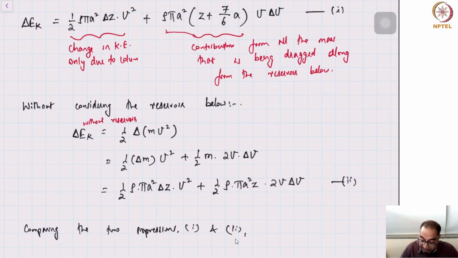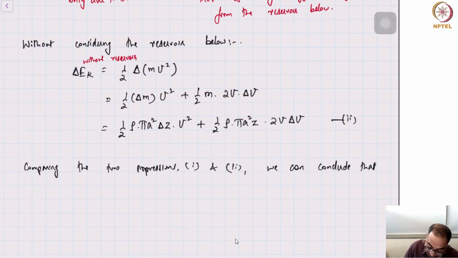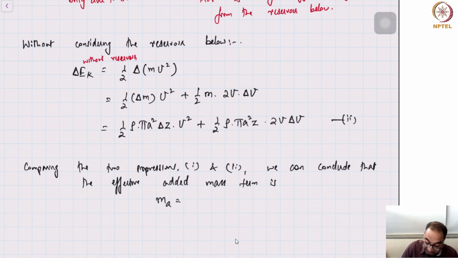If I were to compare these two expressions, we can conclude that the effective added mass term is MA, that's added mass, rho pi A square times 7 by 6A. That's the added mass, additional added mass effect that I've got.